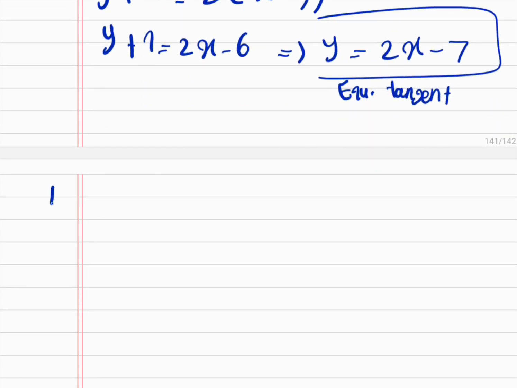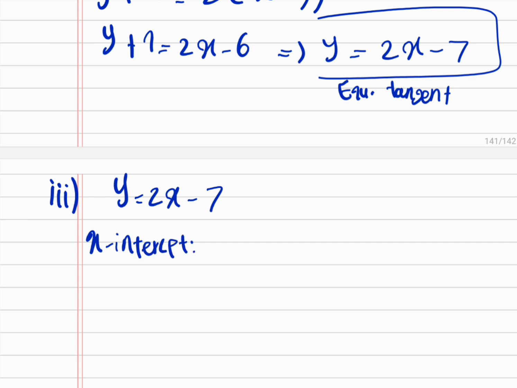So for the last part, the equation of the tangent is y equals 2x minus 7. Let's first find the x-intercept. In order to find the x-intercept, we set y equal to 0.